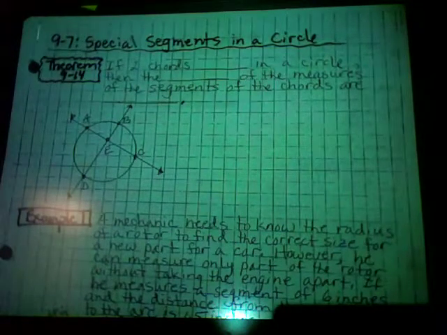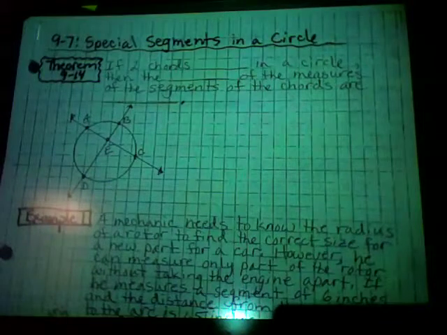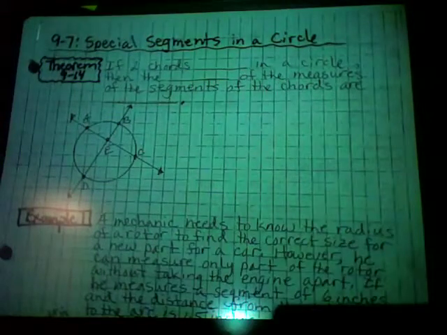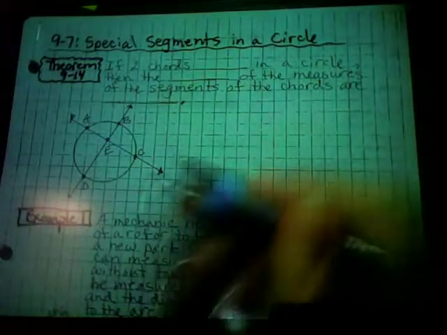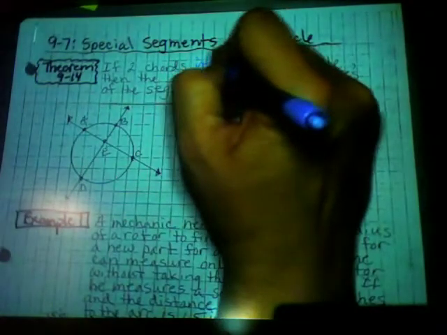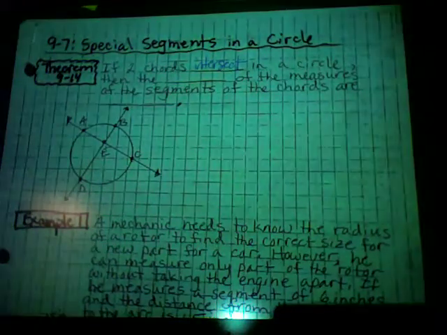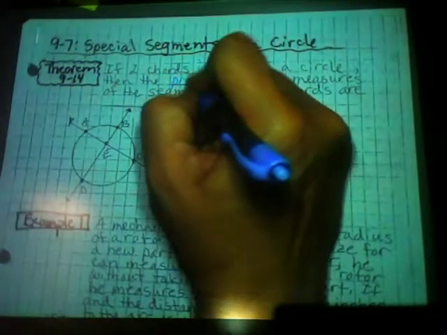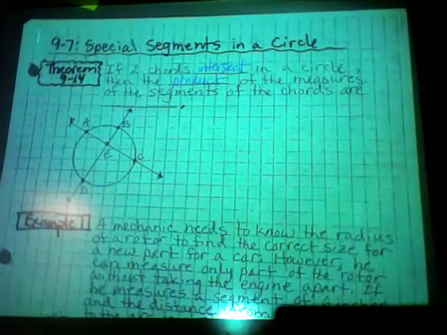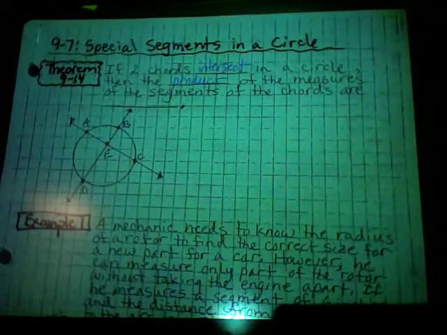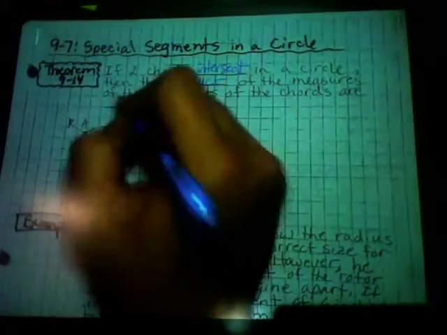Alright, so Theorem 9.14 specifically states that if two chords intersect in a circle, then the product of the measures of the segments of the chords are equal.